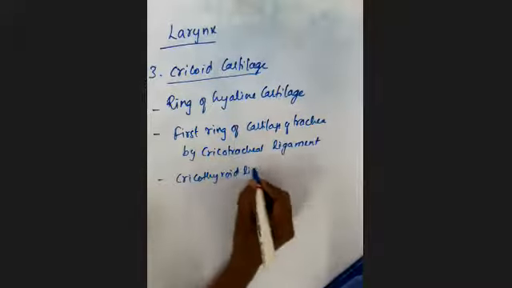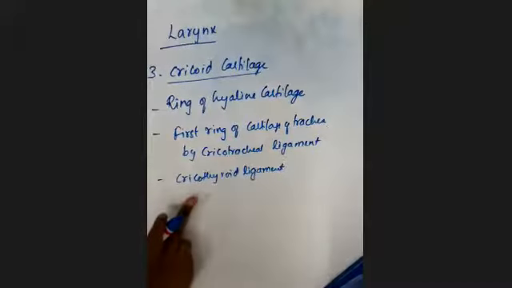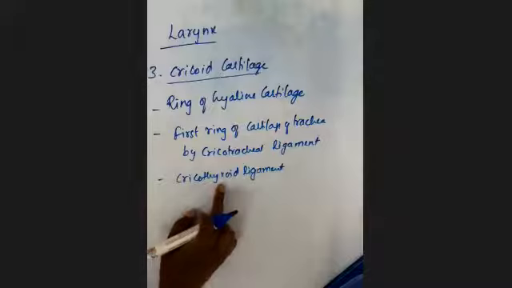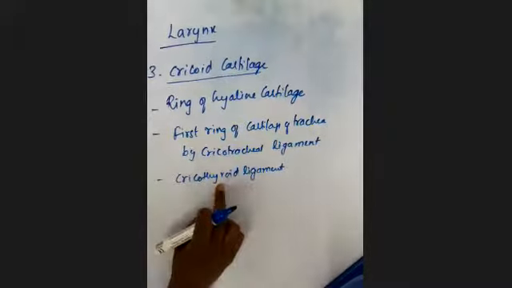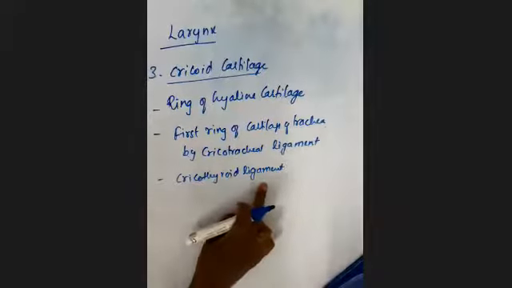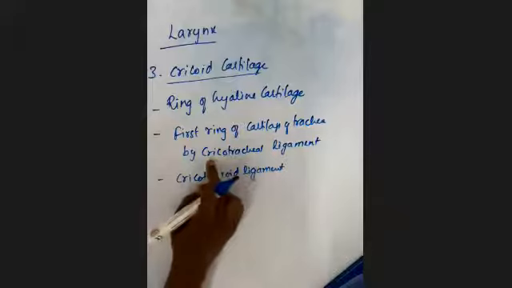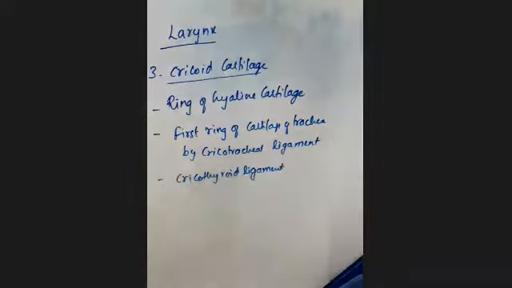That means the cricoid cartilage attaches to the thyroid cartilage with the help of the cricothyroid ligament, and to the trachea with the help of the cricotracheal ligament.